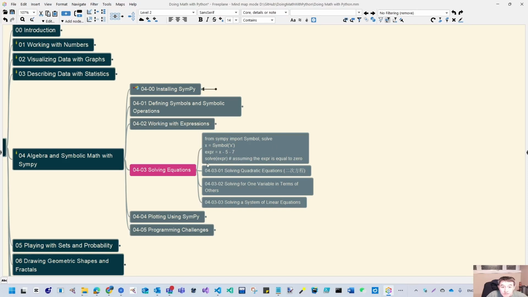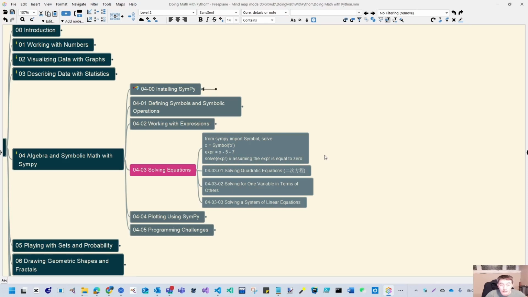Then we use the solve function on this expression and get its value for x. The assumption here is that the expression equals 0. That means x minus 5 minus 7 equals 0, so solve gives us the value of x, which is 5 plus 7, x equals 12.